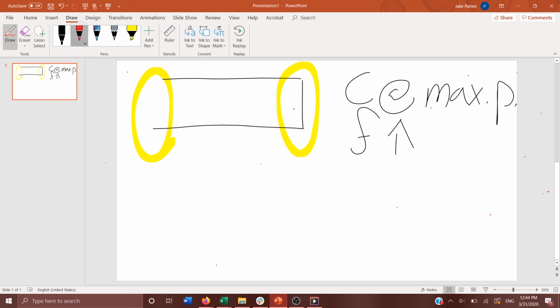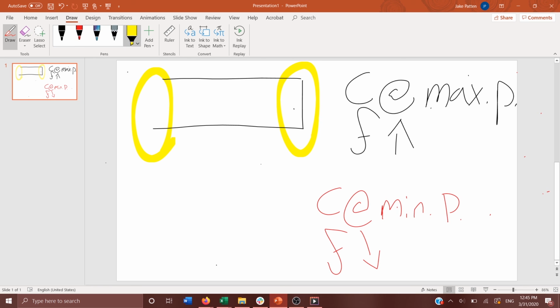When you have a constriction at your minimum pressure, your frequency goes down. So constriction here, frequency up. Constriction here, frequency down.